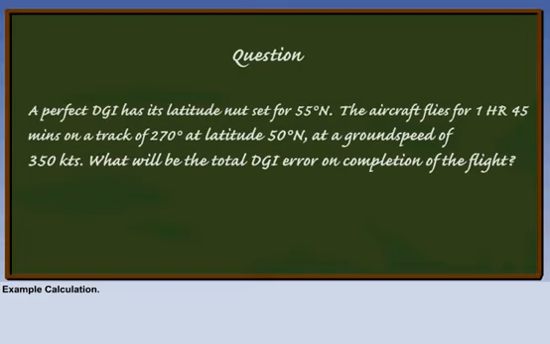The aircraft flies for 1 hour 45 minutes on a track of 270 degrees at latitude 50 degrees north at a ground speed of 350 knots. What will be the total DGI error on completion of the flight? Press P to pause and to continue when you are ready.